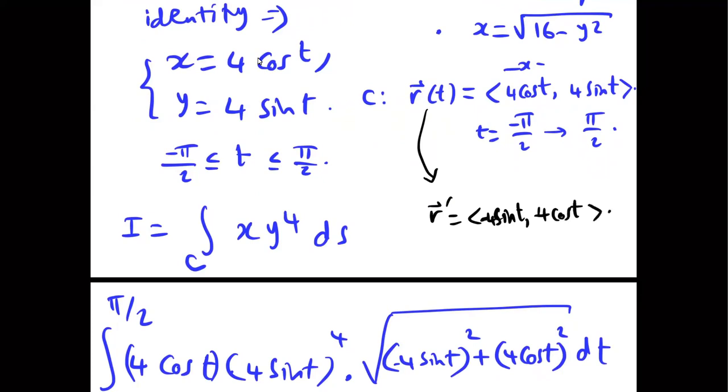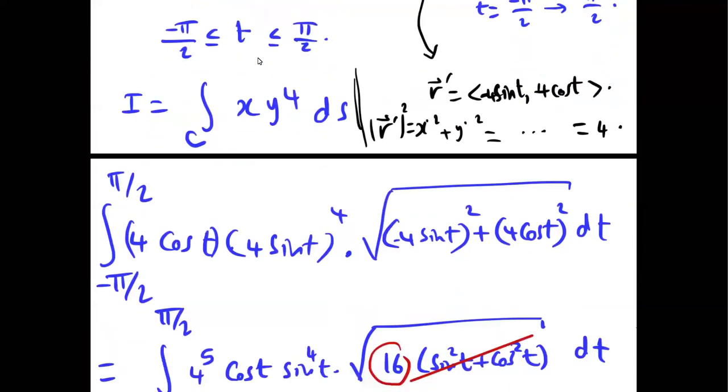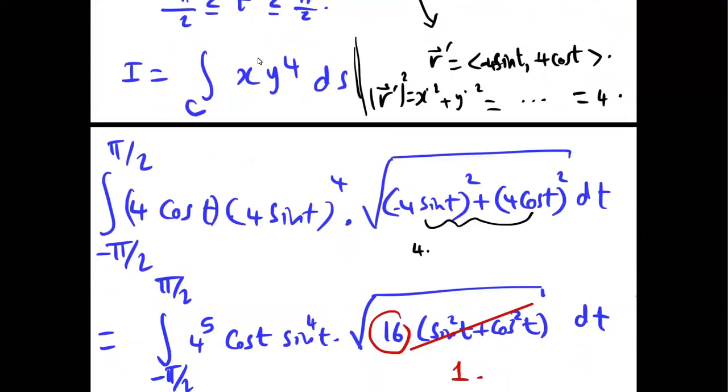I differentiated the x with respect to t, and differentiated the y with respect to t. Calculate x dash squared plus y dash squared, or the magnitude of r dash. This is the same. It gives 4 at the end, because cosine squared plus sine squared is 1. So it gives the square root of 16, which is 4.